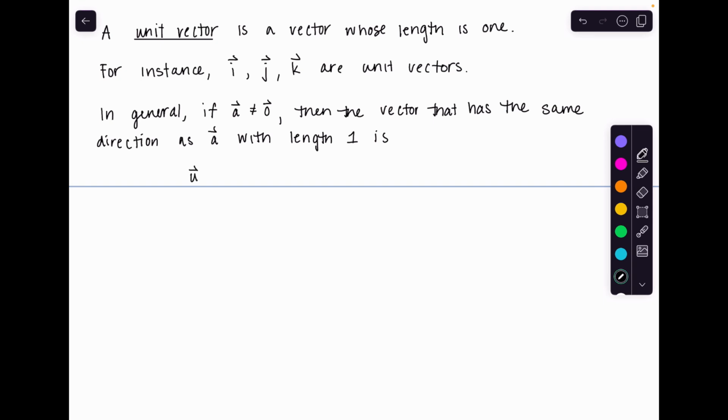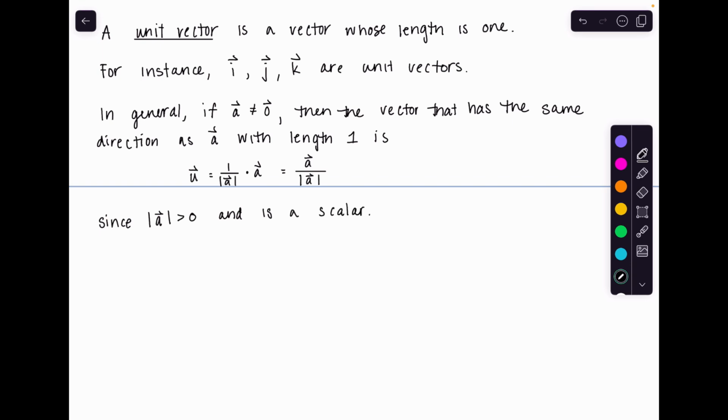Our vector U is going to be, you take vector A and we need to scale it by 1 over whatever the length of A is. So you can think of this, you're going to take vector A and you're going to divide each component by the length. The reason we can do that is because we know the length of A is positive because it's not the zero vector. And it is just a number, it is a scalar.